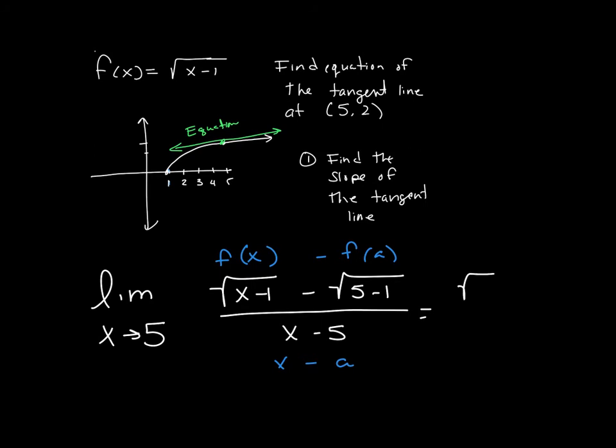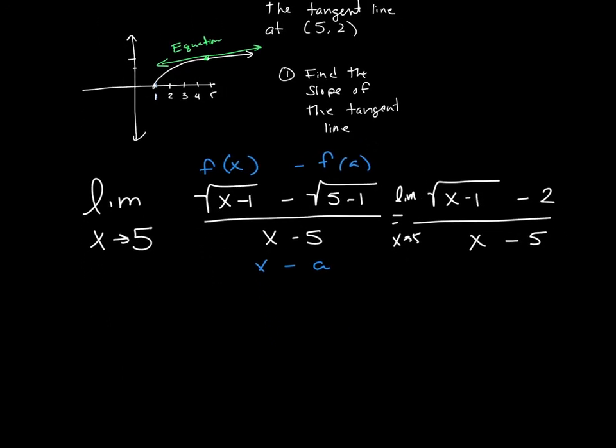Simplifying this in the numerator, I get the square root of x minus 1 minus the square root of 4 which is actually just 2, all over x minus 5. Oh, and remember, this is the limit as x approaches 5. Now, what I need to do with this here is rationalize it, because if I use direct substitution, I'll get a 0 in the denominator.